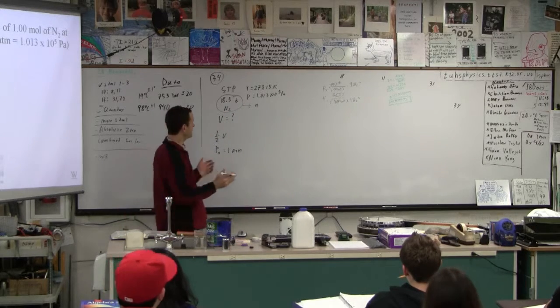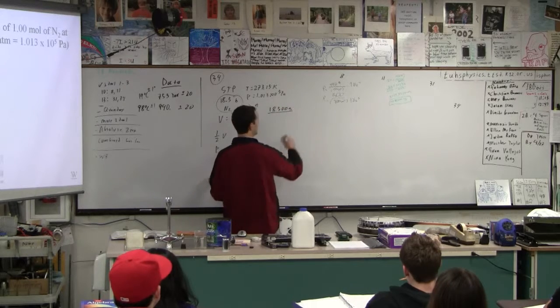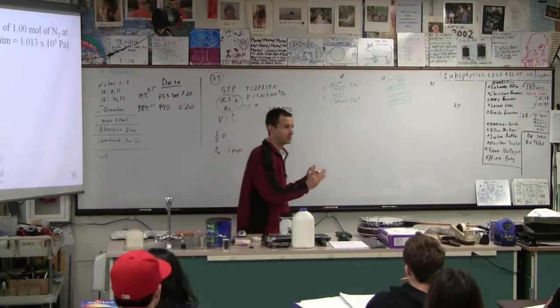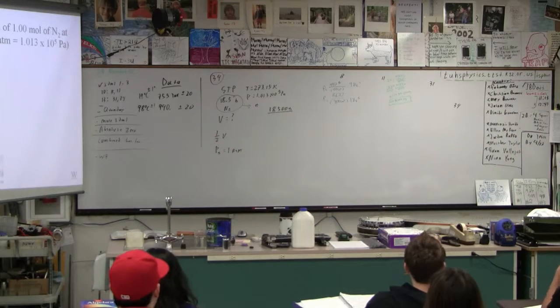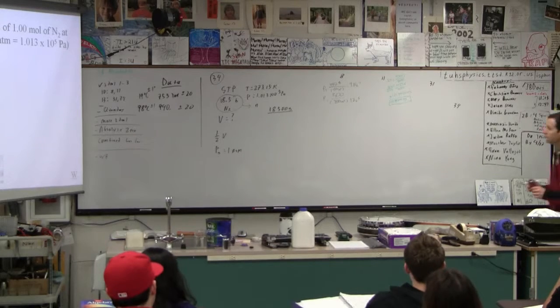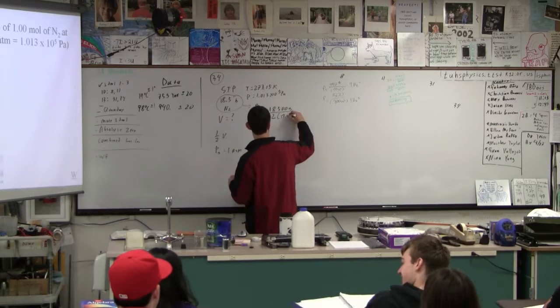So 18.5 kilograms is 18,500 grams. And then nitrogen is diatomic, and its mass is approximately, I'm just going to guess, 14.007, is that right? Yeah. So we're going to divide by twice 14.007.